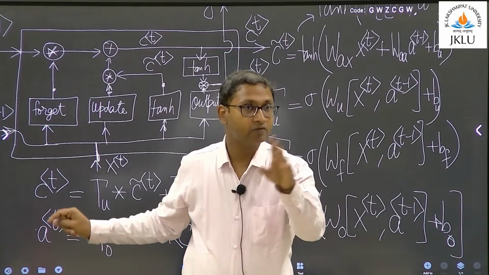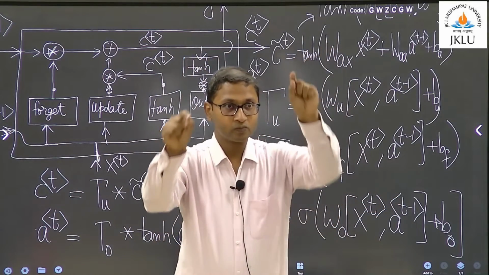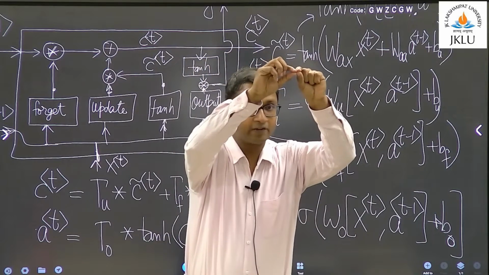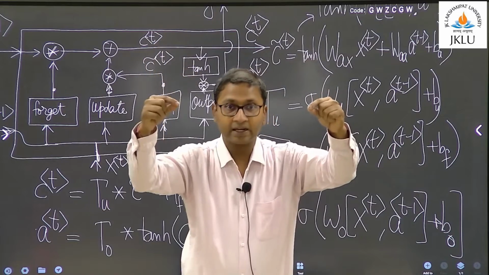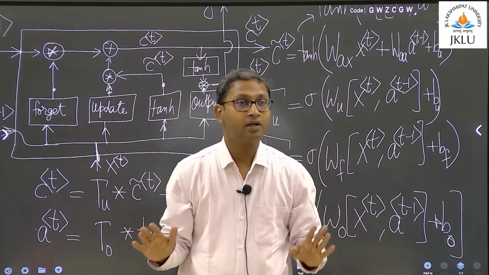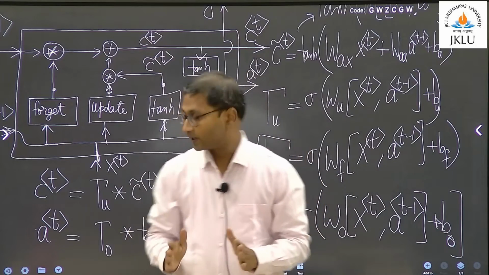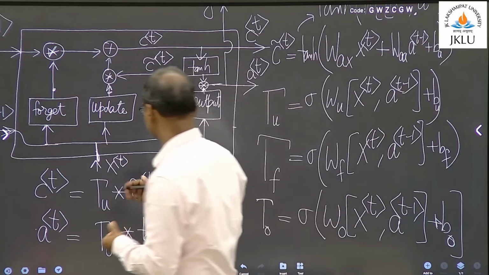It will be a scalar, 1 cross 1. But you are taking element wise multiplication. So first element gets multiplied with first element, second element gets multiplied with second element. This is not a matrix multiplication. This is an element wise multiplication. Okay, so let me write it here.